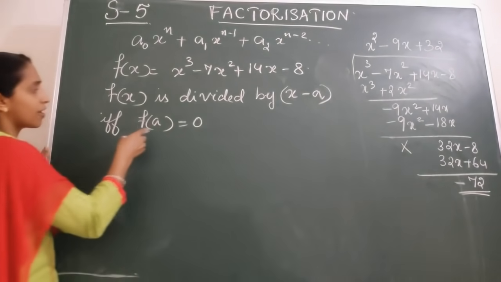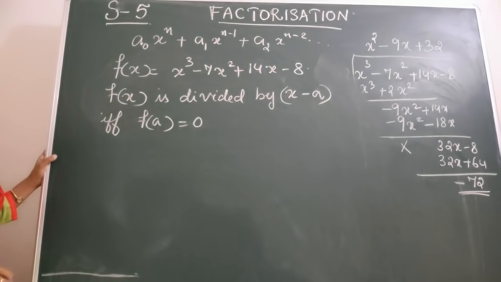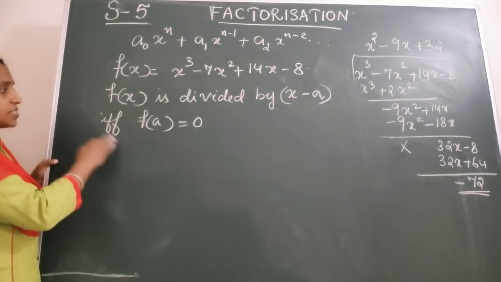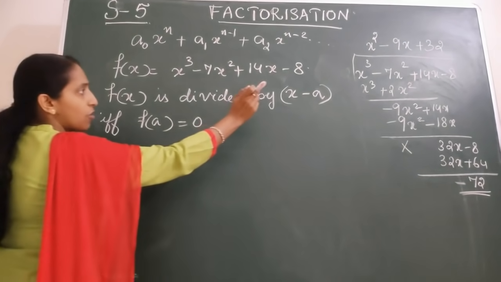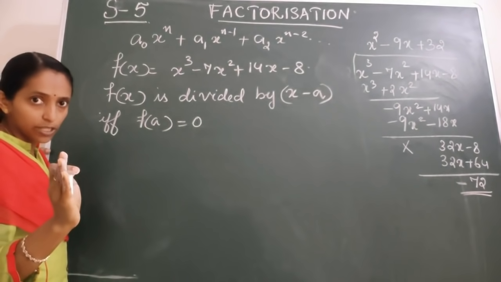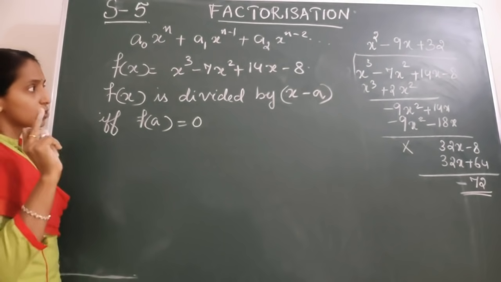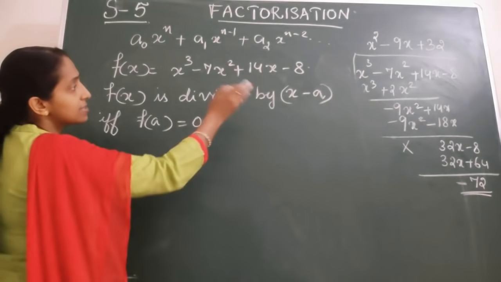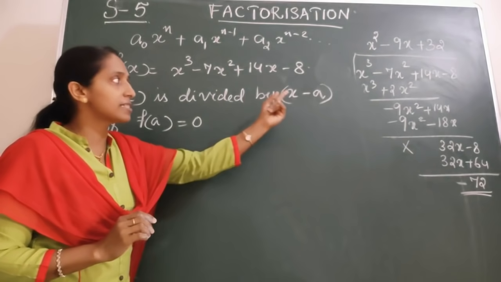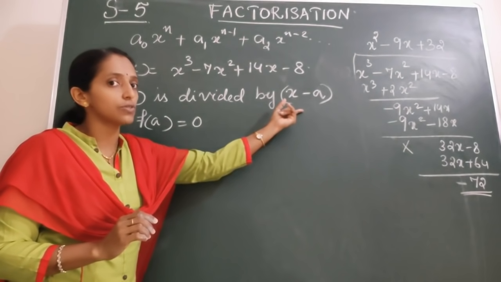I will show you how you will get this f of a. And this is the factor theorem. Factor theorem means when we are taking out the value of x, as in the last class we had seen the zero product rule. Zero product rule means x minus a we are equating to 0. That means x value will be equal to a.